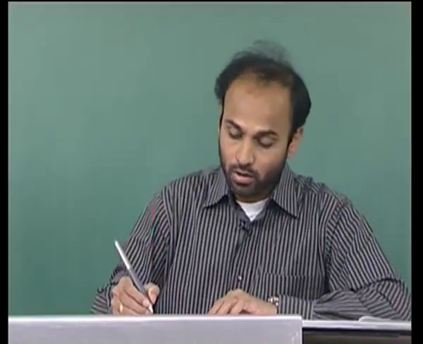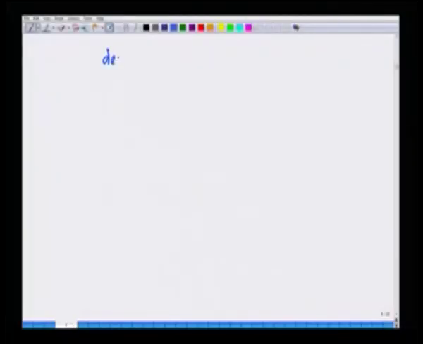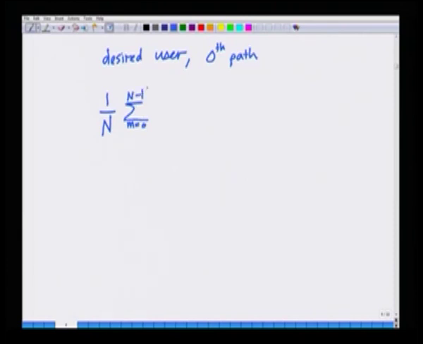I will write this over here, that is desired user zeroth path, and that is simply 1 over n summation m equals 0 to n minus 1 h 0 0 s 0 c 0 of m into c 0 of m, that is correlating user 0 zeroth path with code shifted by 0.